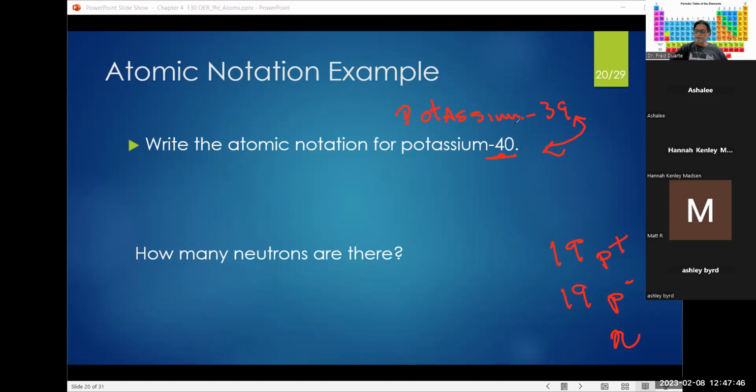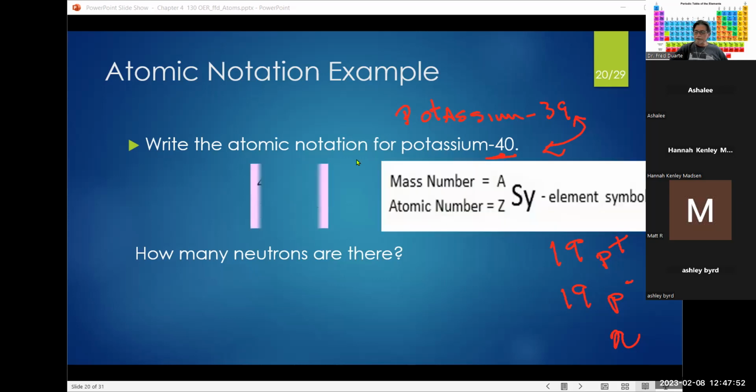Here's the question, so let's do this. First of all, let's write the notation. We have to find the symbol for potassium, which is K. The mass number is given to you. You don't have to look that up. It's the number after the hyphen, that's 40. And the atomic number, you have to go look for it in the periodic table. It is number 19.